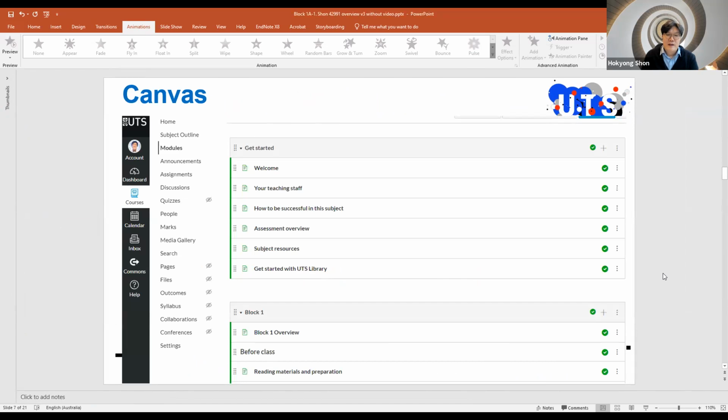And how many people have already looked at the Canvas of 42991? Can you please show me by raising your hands from the chat box? How many people have already read this subject outline and Canvas? 1, 2, 3, 4, 5.